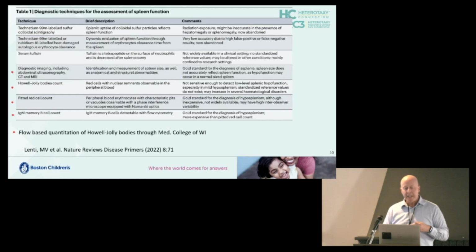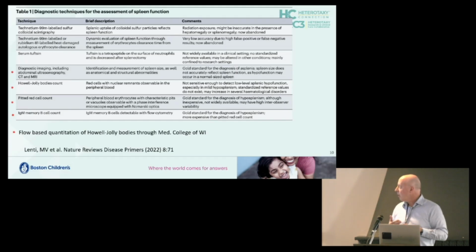So how do we evaluate for spleen and spleen function? Well, the first thing, of course, is reviewing the abdominal imaging from these patients, whether that be from CT scans or ultrasounds, looking for the presence or absence of splenic tissue.